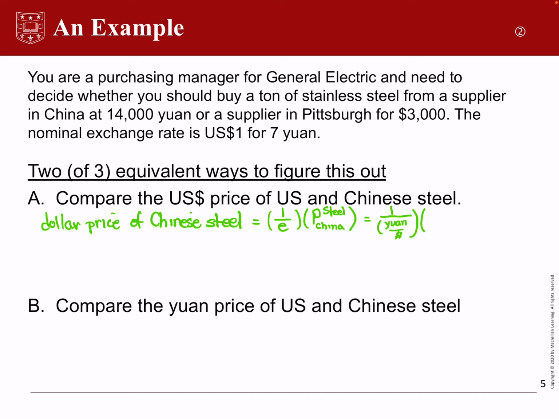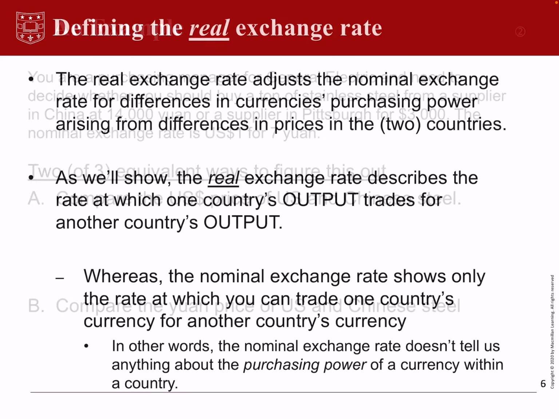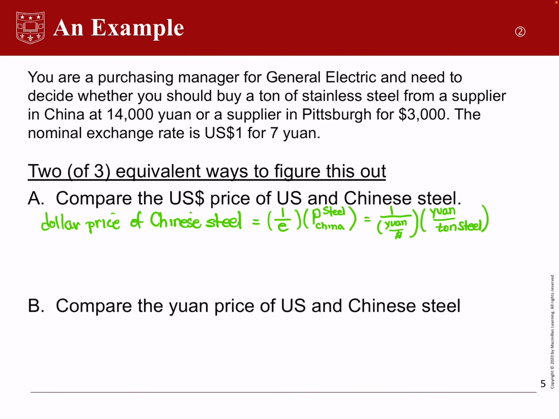And our price of steel is going to be yuan per ton of steel. And so the two Chinese currencies, the yuan, are going to cancel out, and we're going to come up with a measure that is expressed in dollars per ton of steel. But this would be the dollar price of Chinese steel.